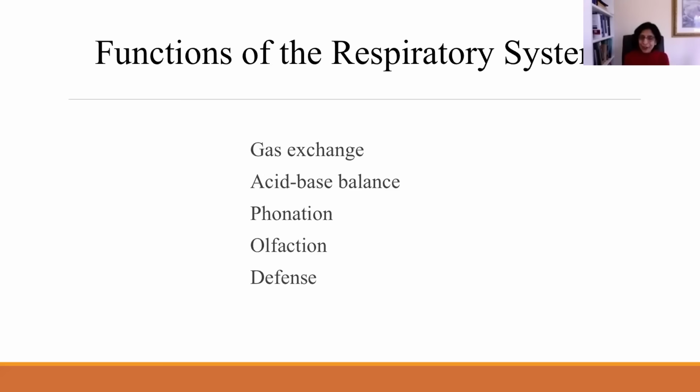Too much CO2 would lead to a buildup of hydrogen ion in the blood, and that would lead to acidic blood, correct?